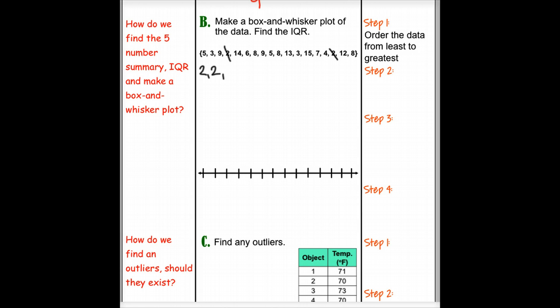And then I've got a 3, and then another 3, and then I've got 1 4, 2 5s, and a 6, and then a 7, 3 8s, a 9, another 9, and then I've got 12, 13, 14, 15.